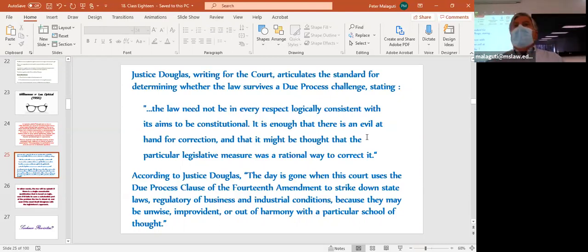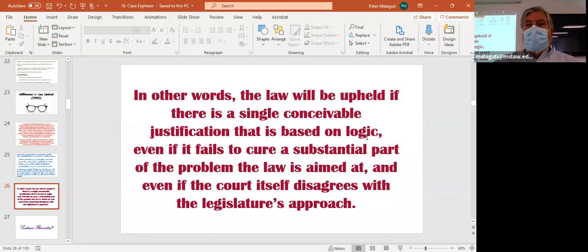Okay. All of the scrutinies that we're talking about, strict scrutiny, intermediate scrutiny, rational basis scrutiny, are reflective of the court's notion of how separation of powers should work, okay? They're trying to respect the doctrine of separation of powers.